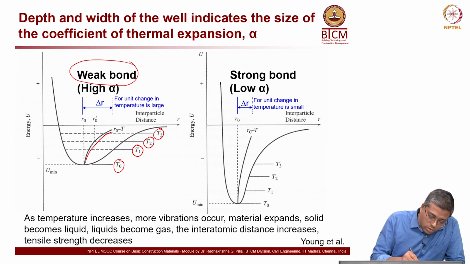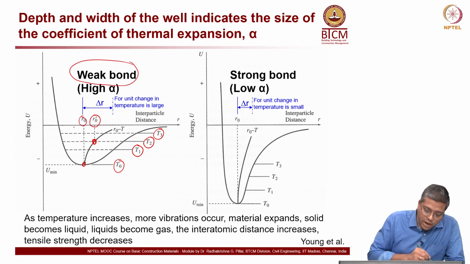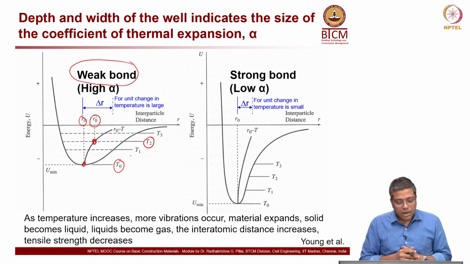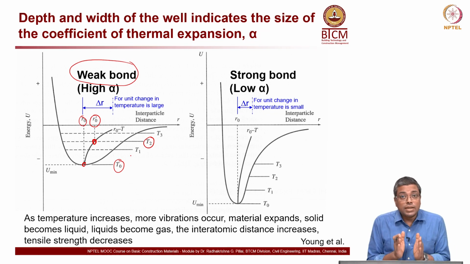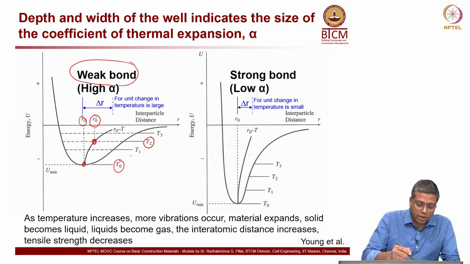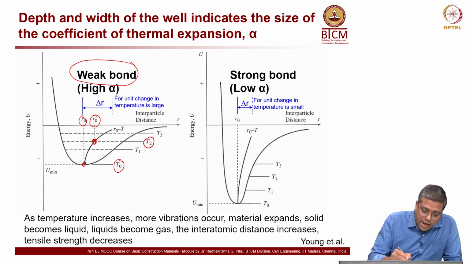Now what you want to know from this graph is, let's say you look at this point and this point. So we have R0 and R0 prime. R0 prime is for temperature T2 and R0 is for temperature T0. Now if we can get that delta R, I put this dash line here so that it is not a fixed line.